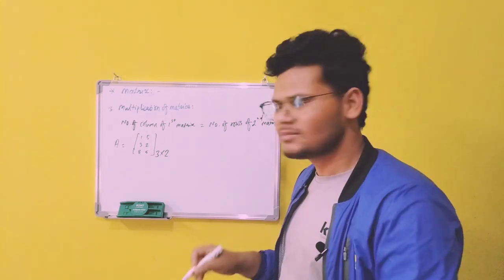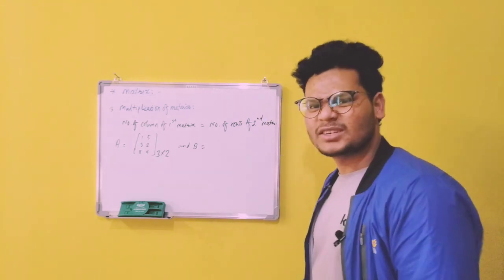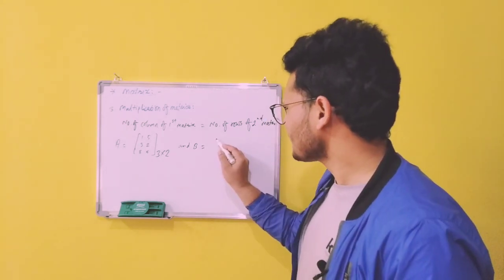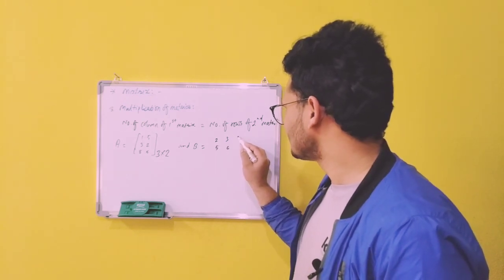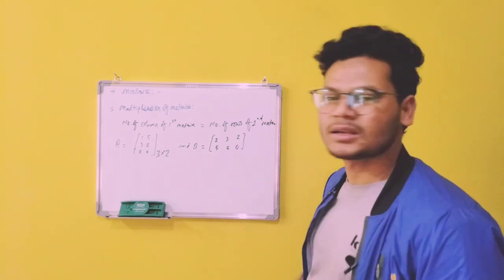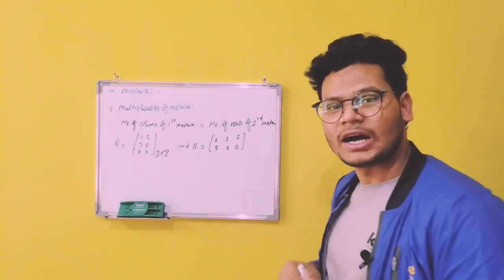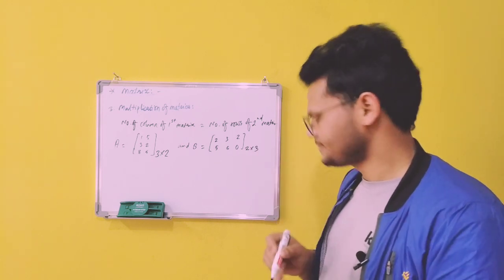And let us take another matrix, B is equal to 2 3 2 5 6 0. What is the order of this matrix? It is of course 2 by 3, right?